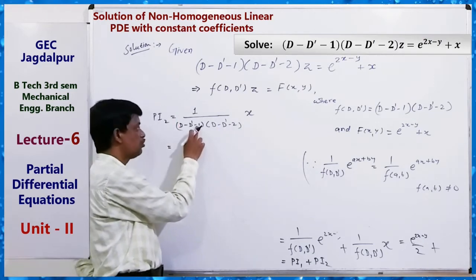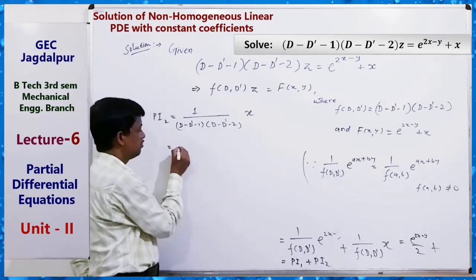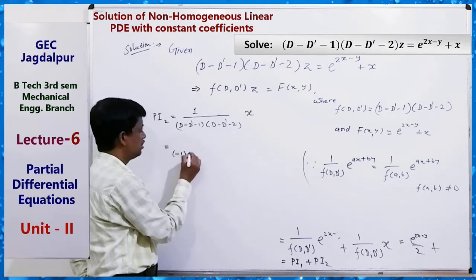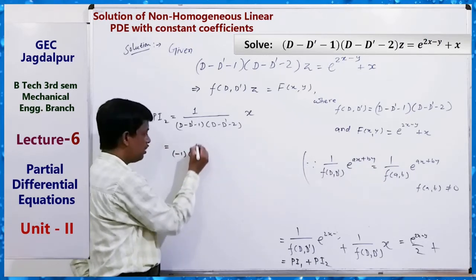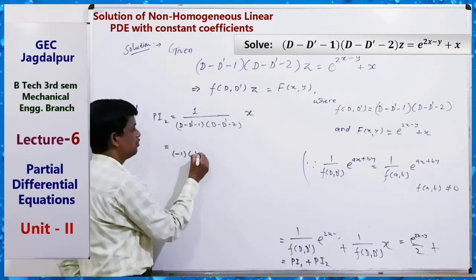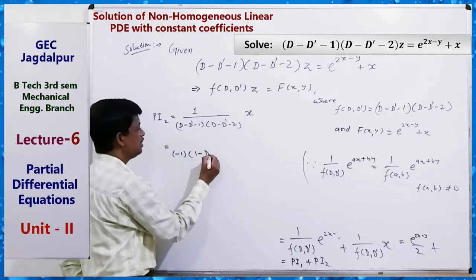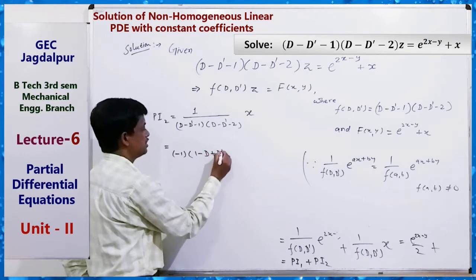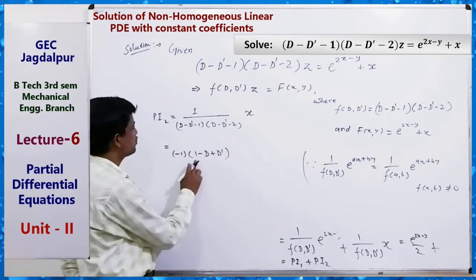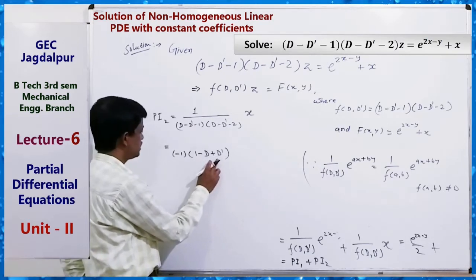Because here minus 1 common means 1 minus D plus D', so minus 1 plus D minus D'.